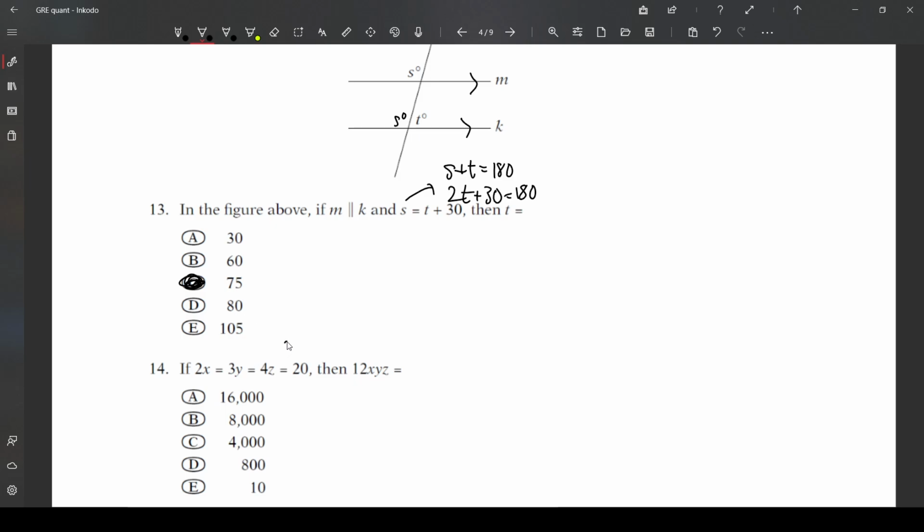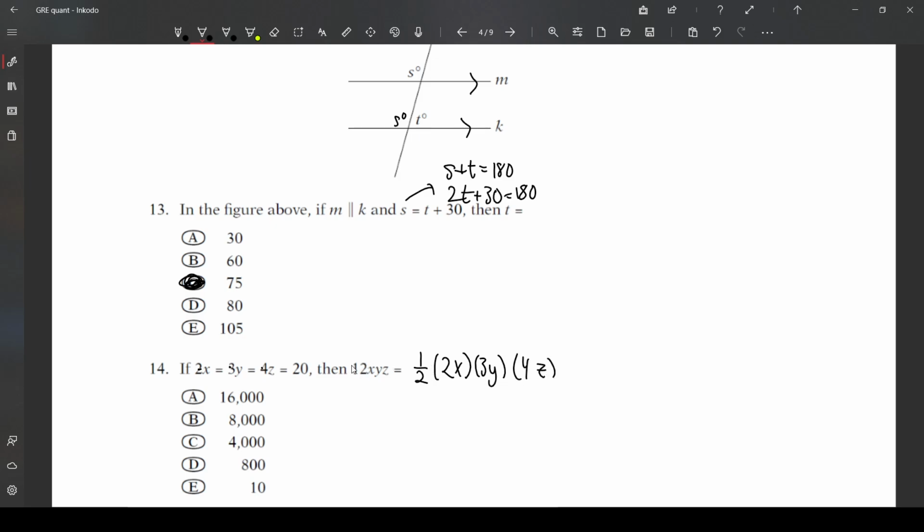2x, okay, so X is 10, Y is... so you know it's better. So 2 times 3 times 4 is 24. So this is 1/2 of 2x, 3y, 4z, right?